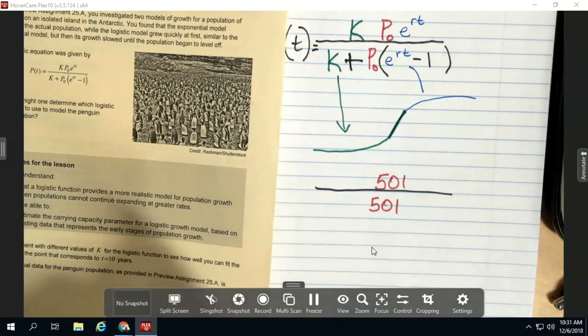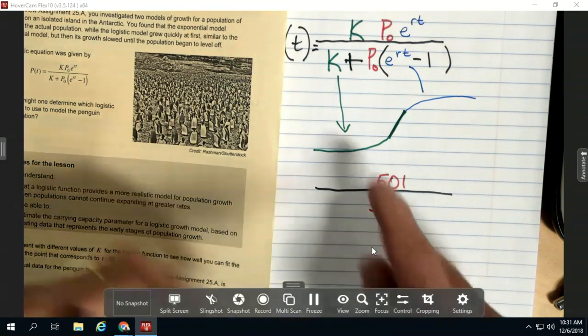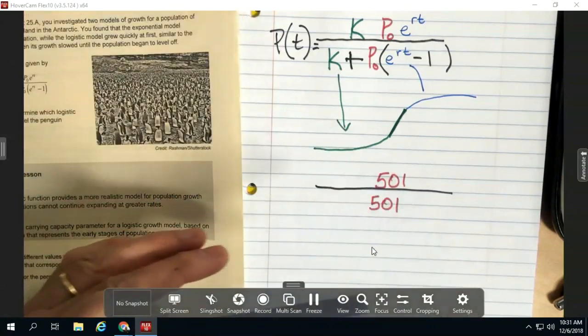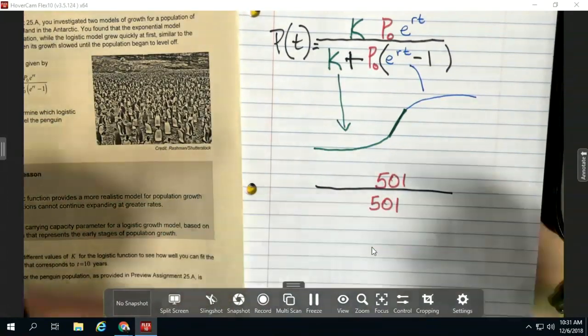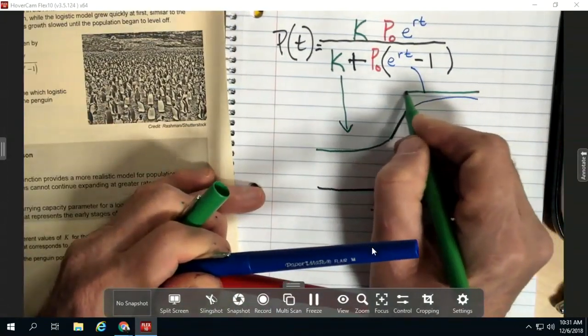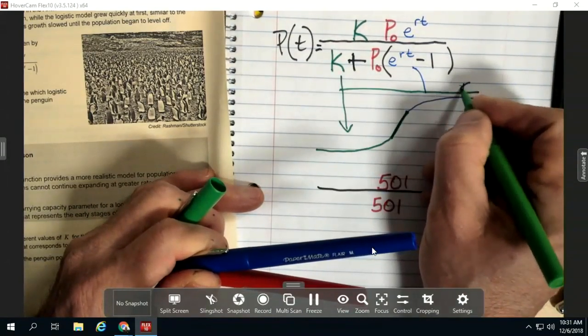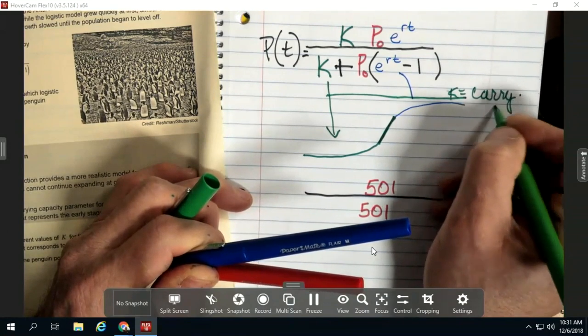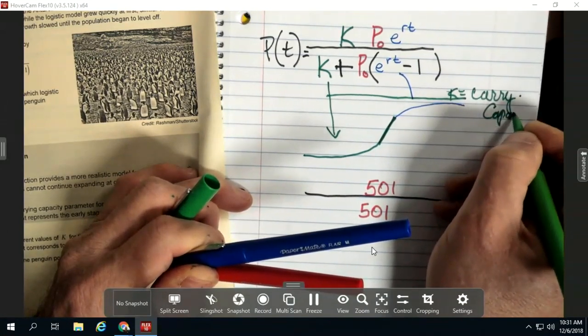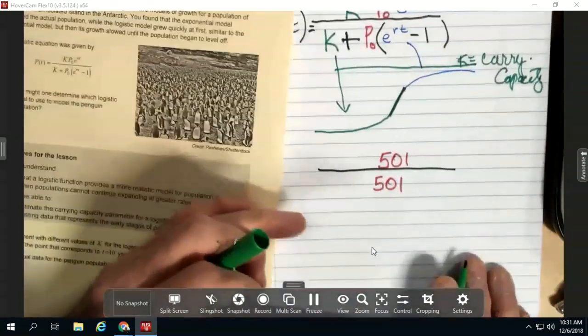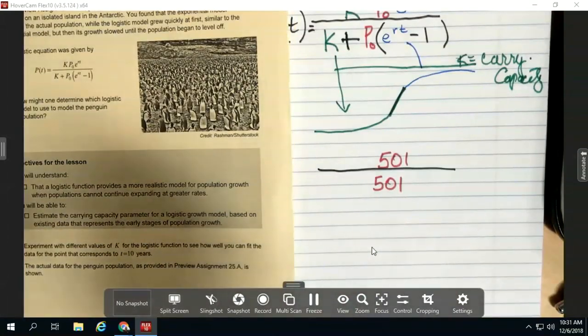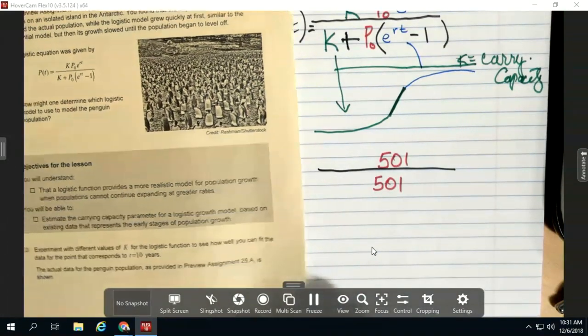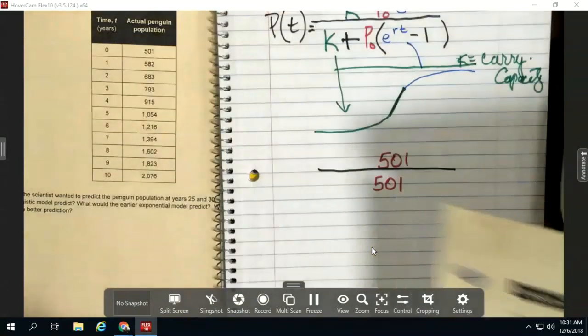What is the value of K? Well, K influences this part of the graph, but it actually is the carrying capacity, or the maximum number of penguins that you can have on the island.